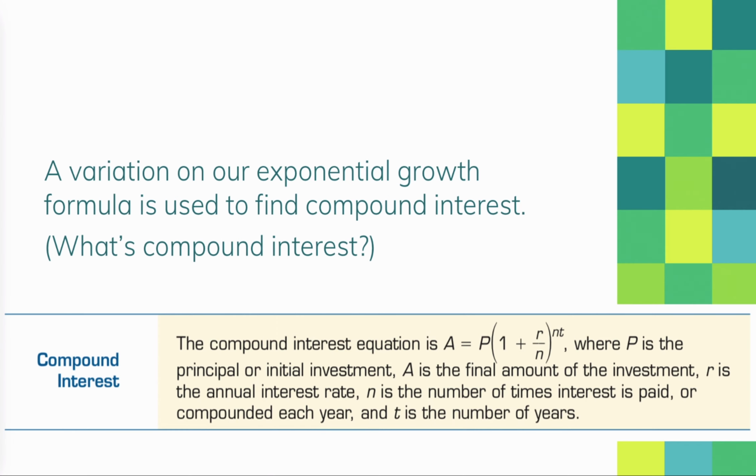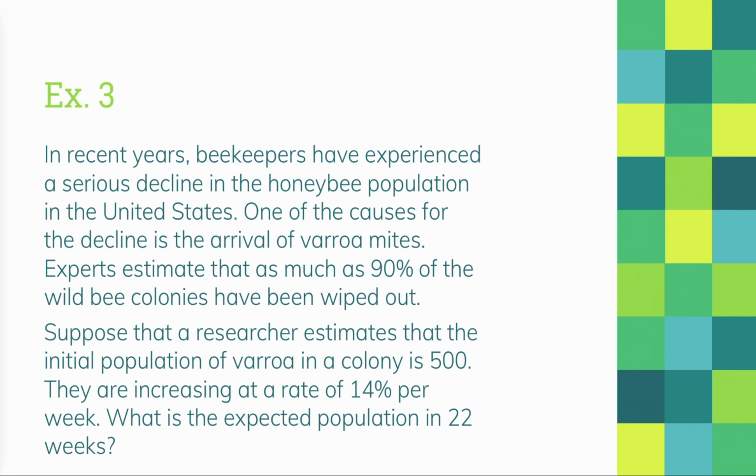Right? So we're using N equals N0 times (1 plus r) to the t. The initial population of varroa in a colony is 500. That's our N0. N0 is the initial amount, which is 500. They are growing at a rate of 14% per week, so we're going to write that as a decimal, 0.14.